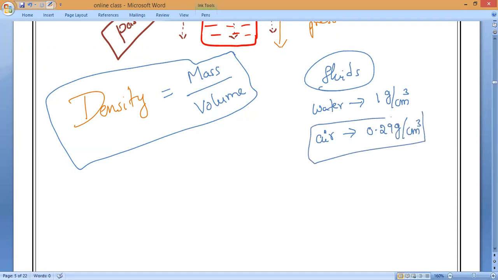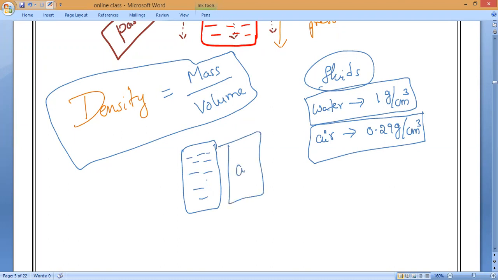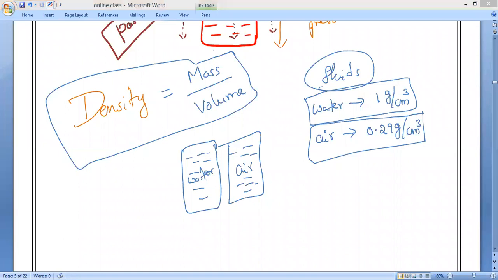Now you tell me who will exert more pressure, water or air. Suppose I fill one container with water and another container with air. Which one will exert more pressure on the walls of the container, water or air? Water, sir.